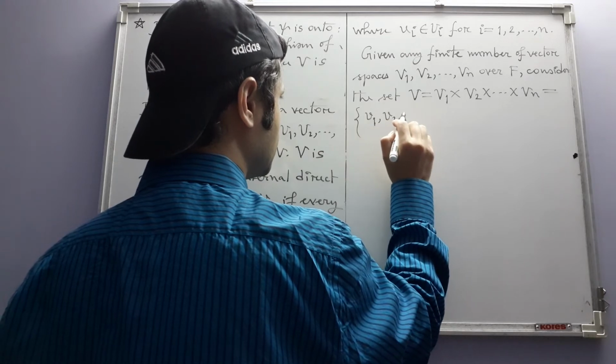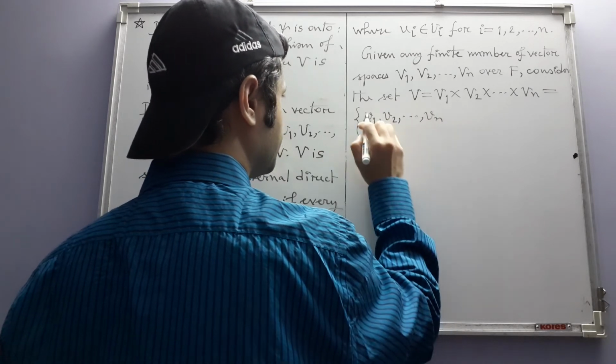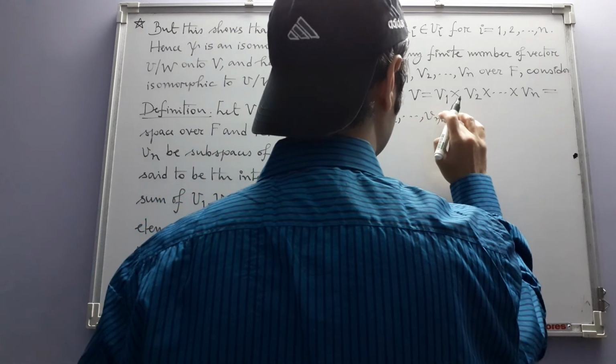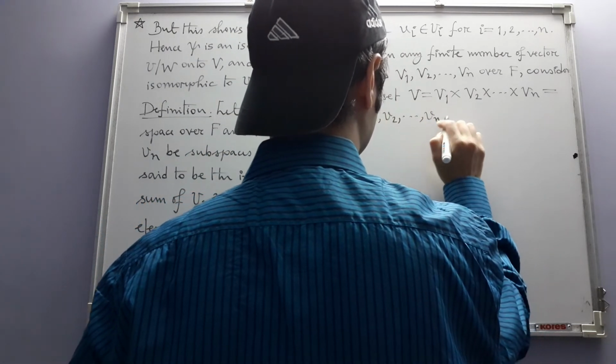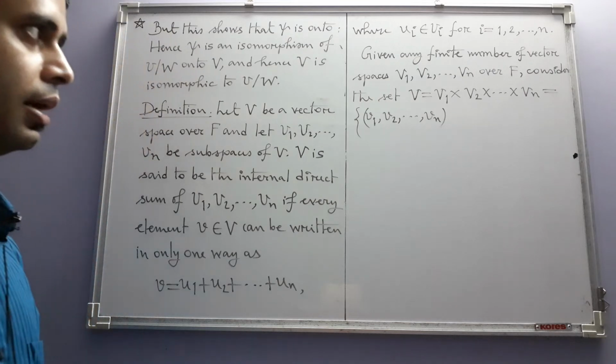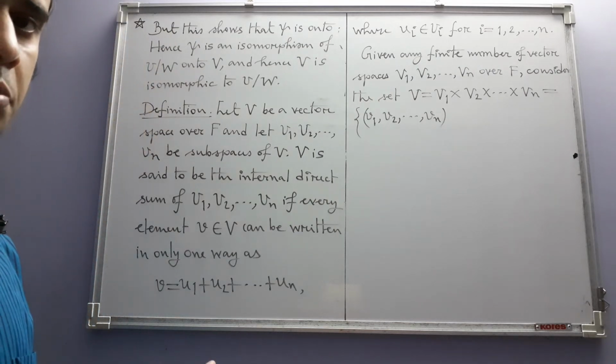It is the set of all ordered n-tuples of vectors where the ith vector is coming from the space Vi.